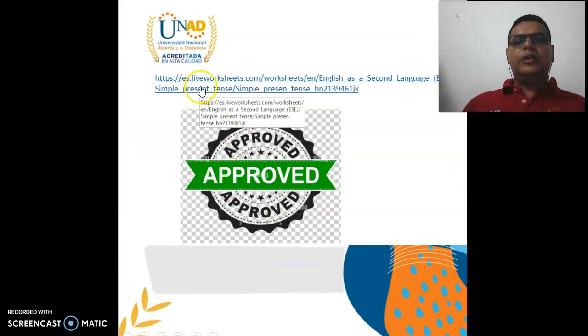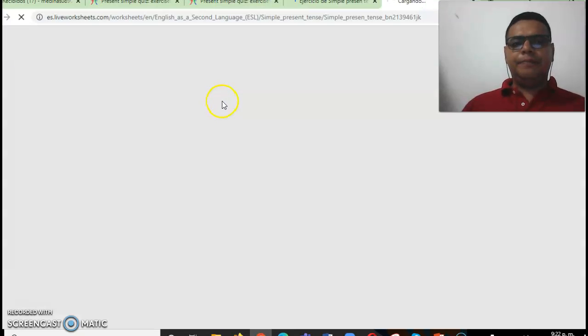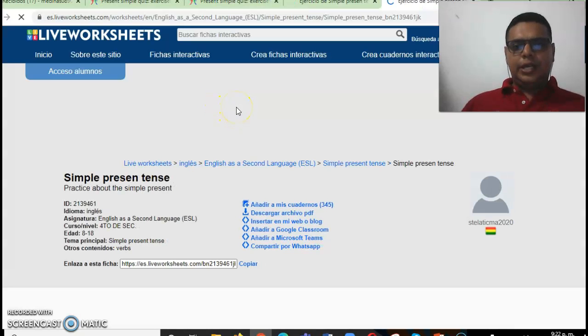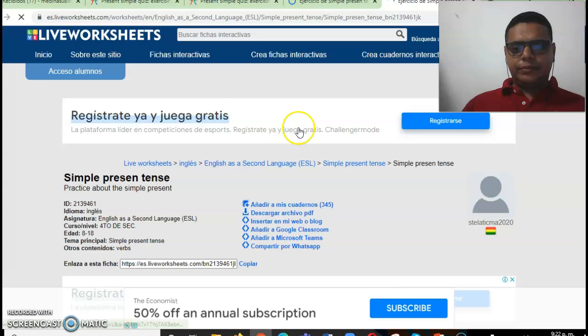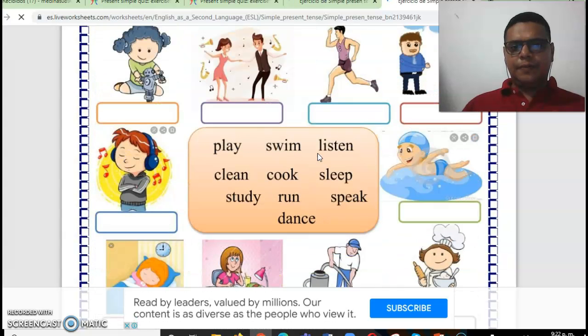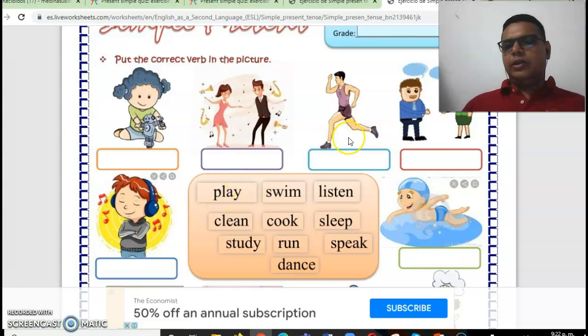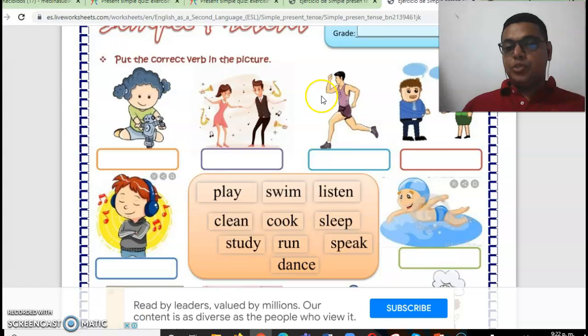Yes, and also here I have another exercise for them. Look, I have an exercise here where they're going to choose the verb to match the pictures.